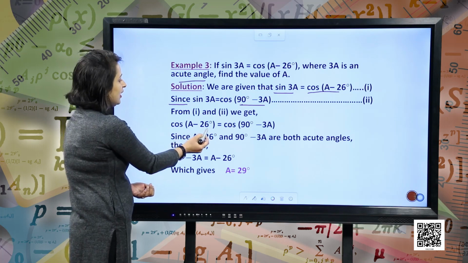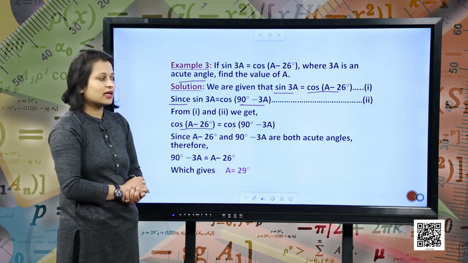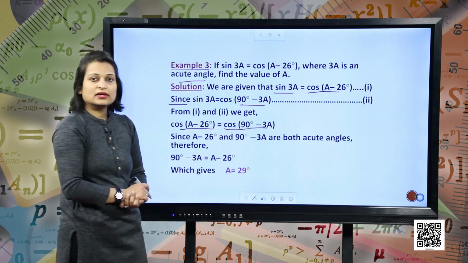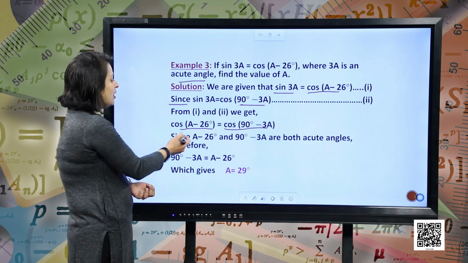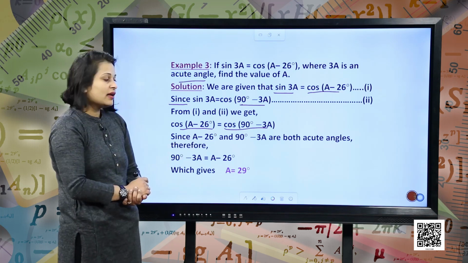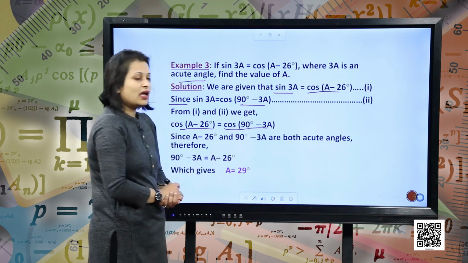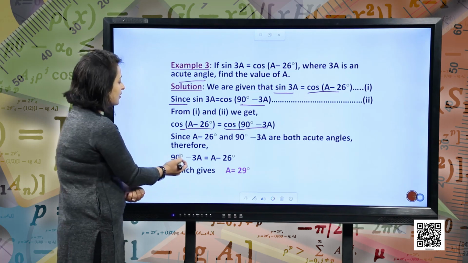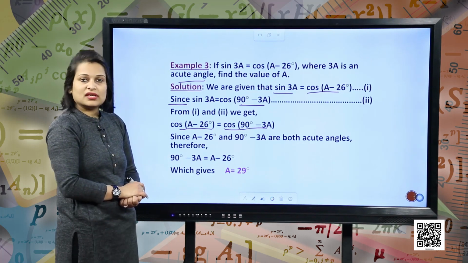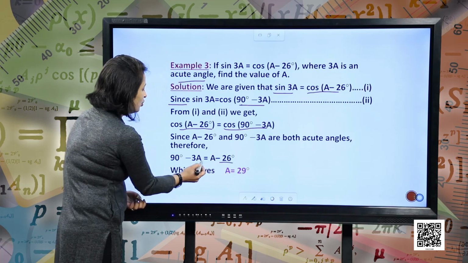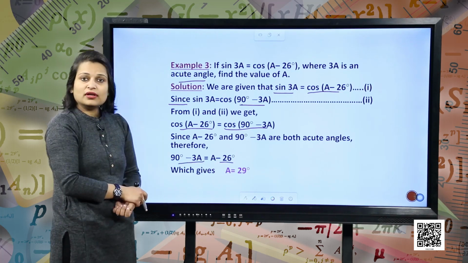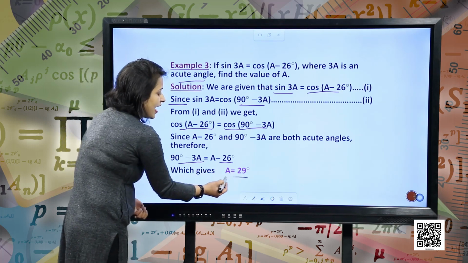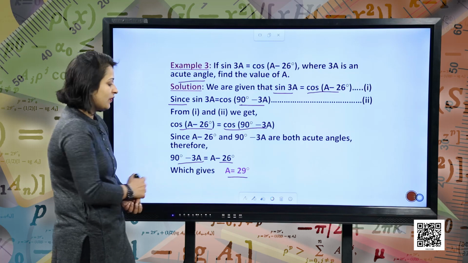Cos of A minus 26 degree is equal to cos of 90 minus 3A. So A minus 26 degree and 90 degree minus 3A are both acute angles. Therefore, what will we get? 90 degree minus 3A is equal to A minus 26 degree. So after solving for the value of A, what will you get? We will get A as 29 degree.